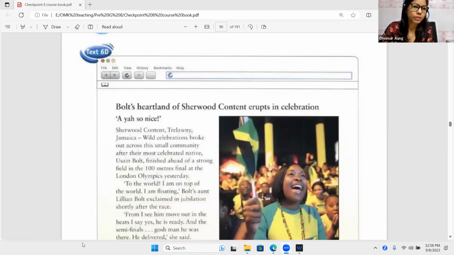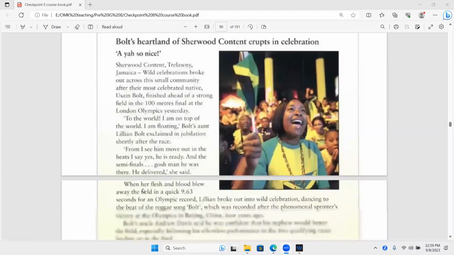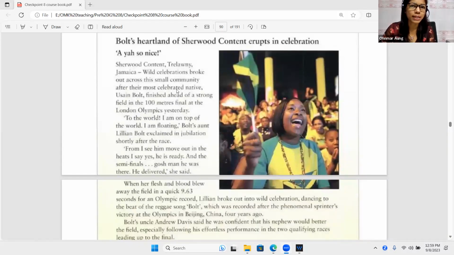Let's start reading. Amelia, can you read? Yes, read. Start from the title. Sherwood Content. Jamaica's heartland of Sherwood Content erupts in celebration.